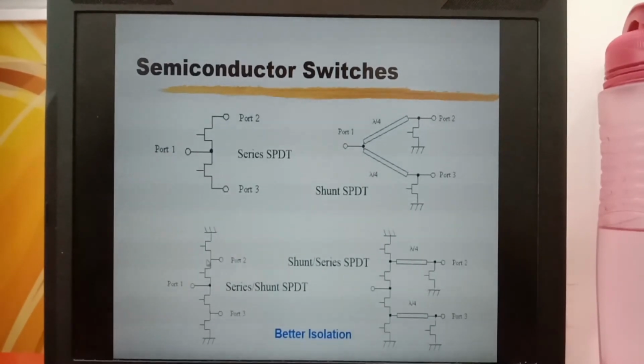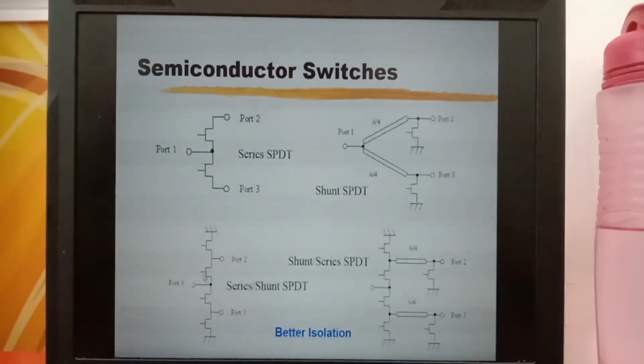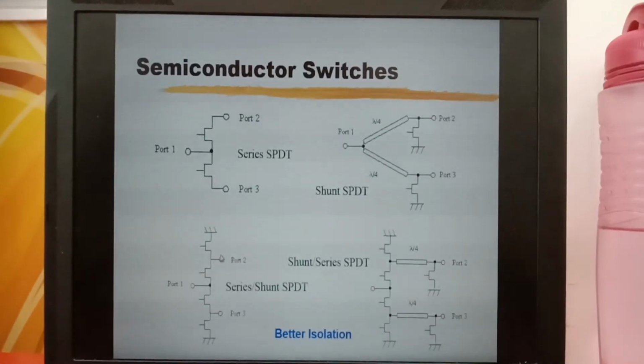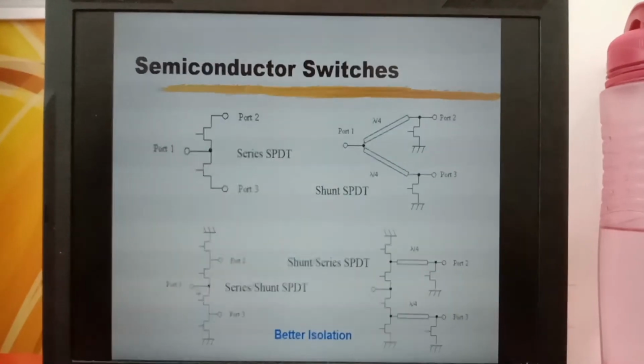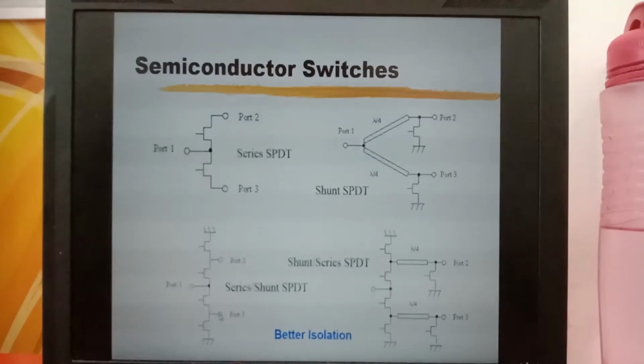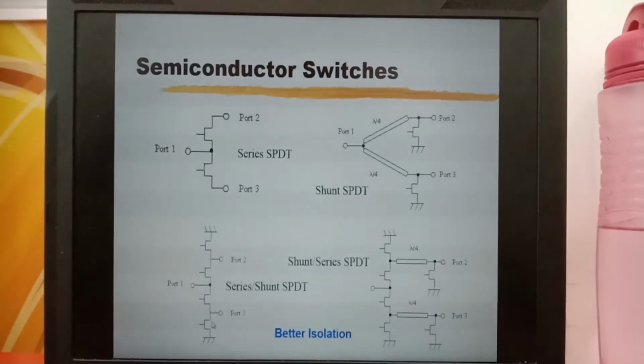In other words, port 2 is not short-circuited to ground. And the second transistor is turned on so that port 1 is connected to port 2. The third transistor is turned off to provide isolation between port 1 and port 3. To improve further the isolation, the fourth transistor is turned on to short port 3 to ground.